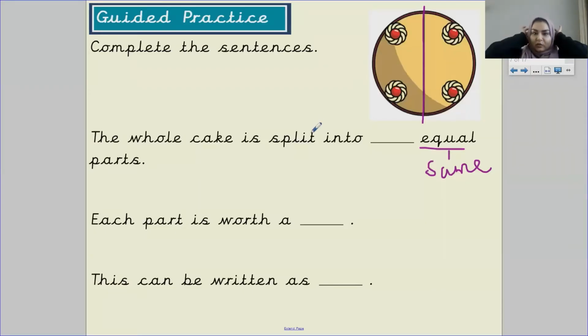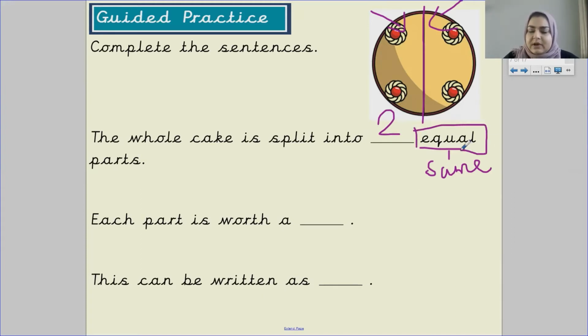So now that you've worked that out, I'm going to show you what the answers are. It says the whole cake is split into something equal parts. If you look at the cake, I have one part and then two parts. So the cake has been split into two equal parts, and you must remember that equal means same.